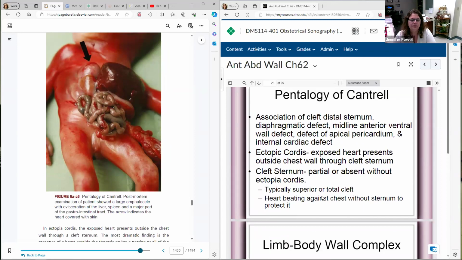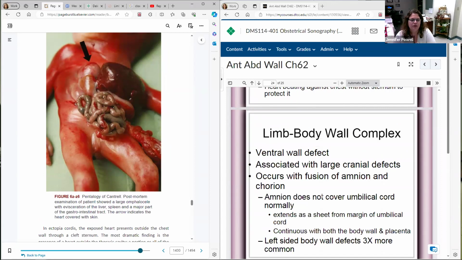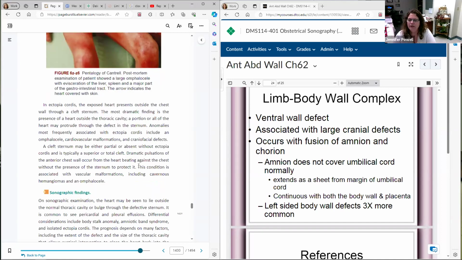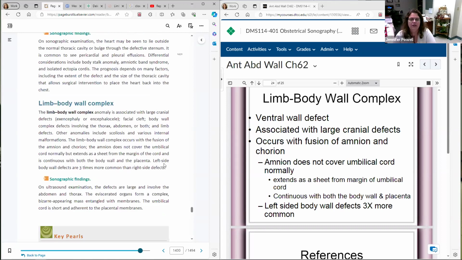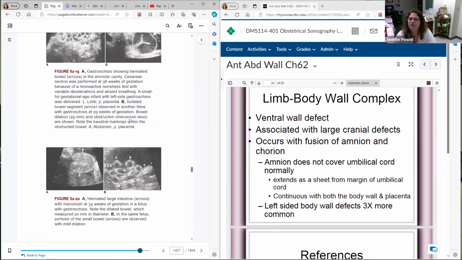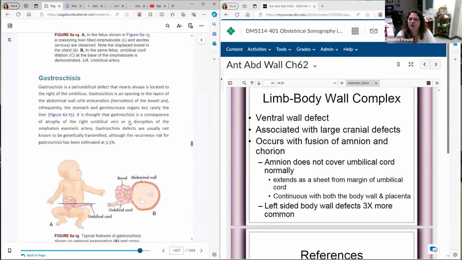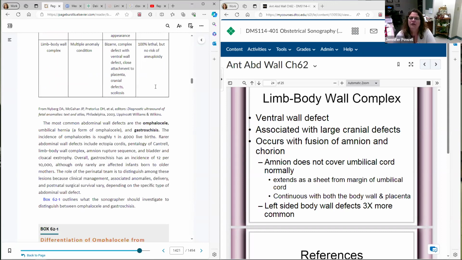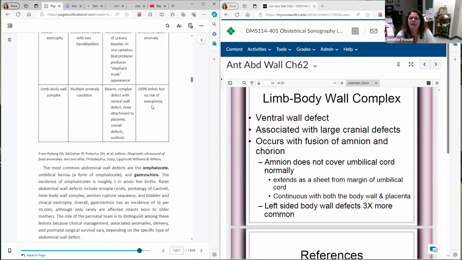Okay. Then you've got what's called limb-body wall complex. And I wanted to look more into this because it just isn't very clear to me from reading what exactly it entails, but it is, according to the chart that I told you I might do some matching for extra credit, 100% lethal, but no risk of aneuploidy.